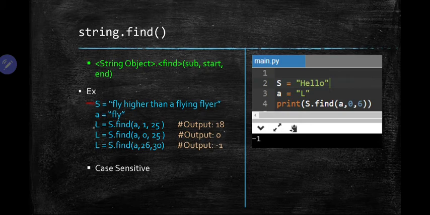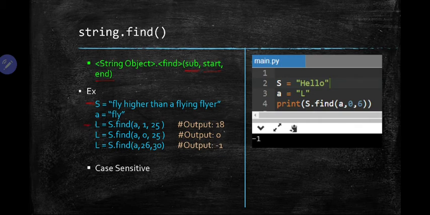The syntax of this function is that we give the substring which we need to find, and we tell the start index and the end index. So between the start and end index, it will search the substring, and if it is present, then it will return the index of the first occurrence.